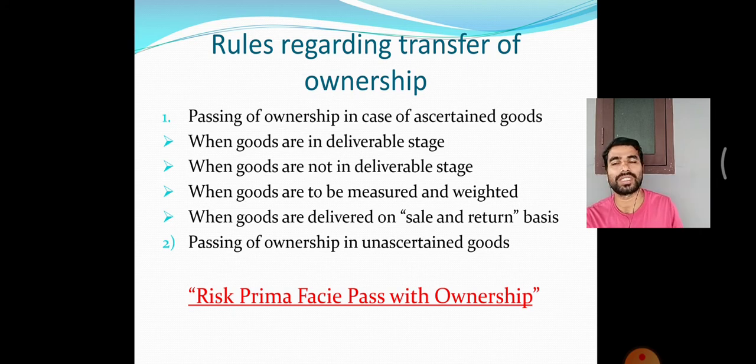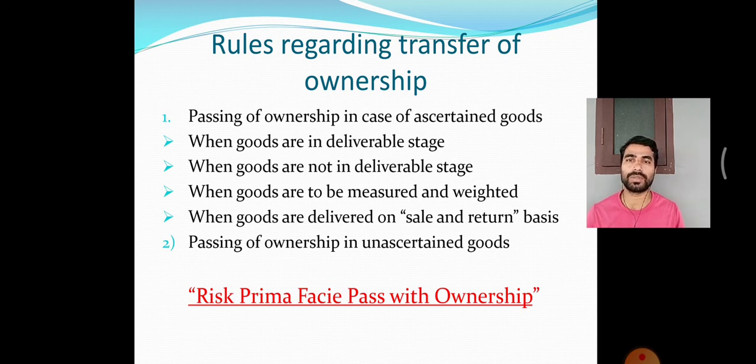Number three, the situation when the goods are to be measured and weighed. For example, the seller has to measure the goods and weigh them in front of the buyer, and that must be identified by the buyer also.